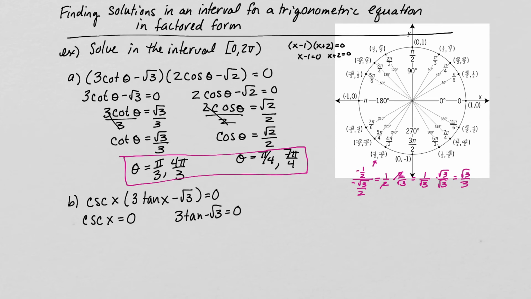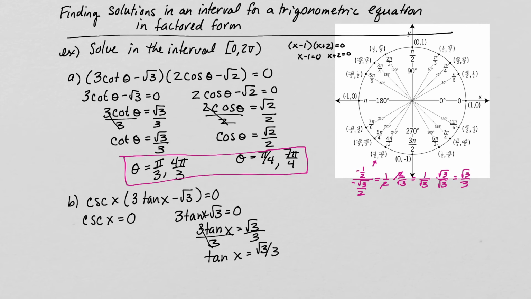If I solve this second one, I have 3 tangent x is equal to root 3. Divide both sides by 3. So we're looking for when the tangent of x is equal to root 3 over 3.